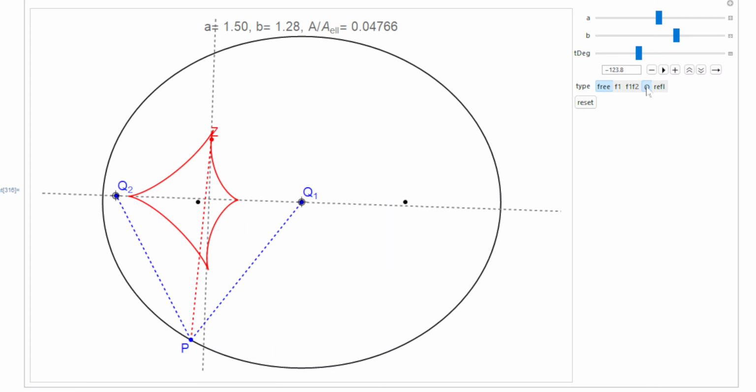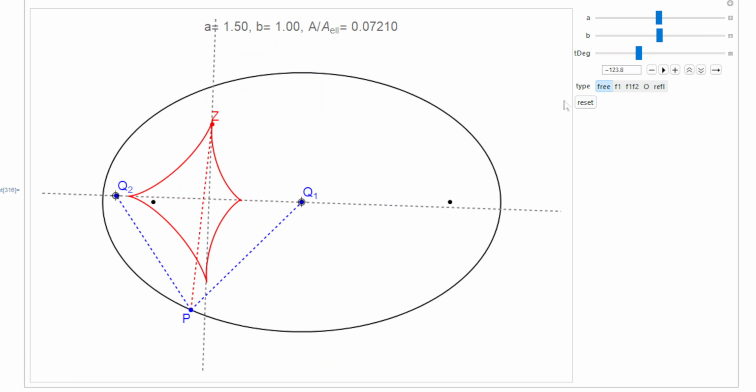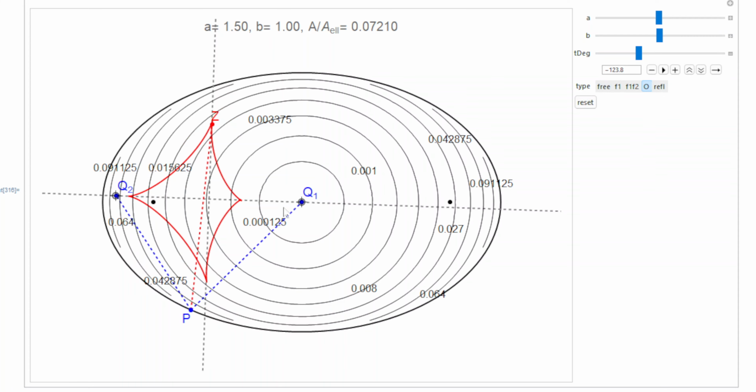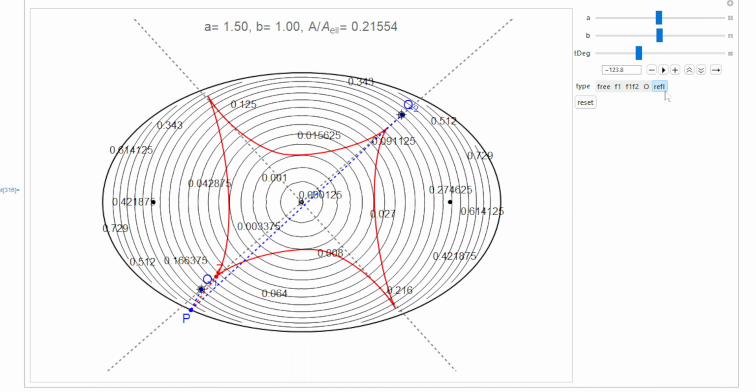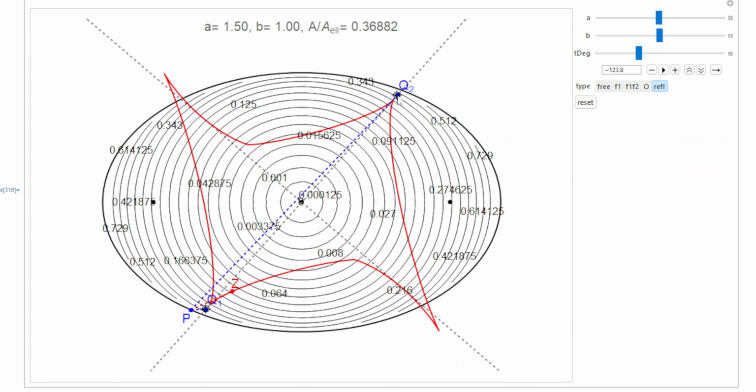Okay, and so we had the case where one of the points is at the center of the ellipse, and the final case where they are reflections of each other, where we got the same problem here.